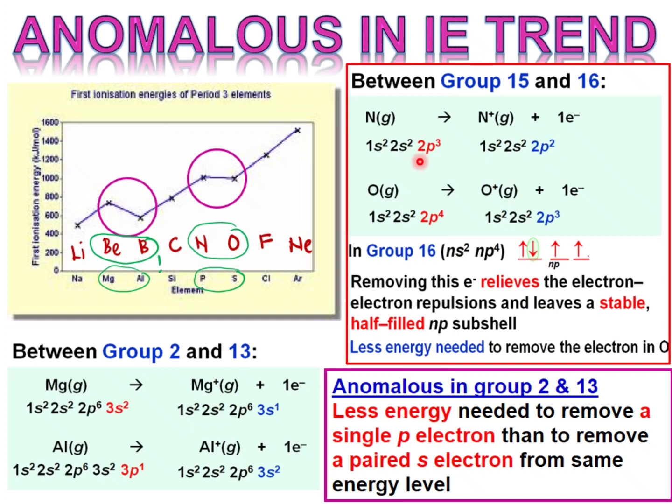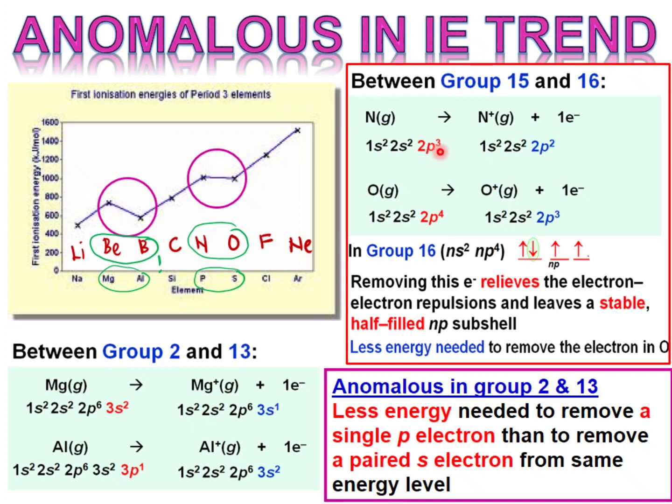So kita tahu ionization energy kita remove electron. Nitrogen, so this is the electronic configuration. Dia berakhir dengan 2p3, while oksigen 2p4. So bila dia remove electron become N plus and O plus, kita akan buang satu elektron from outer shell.